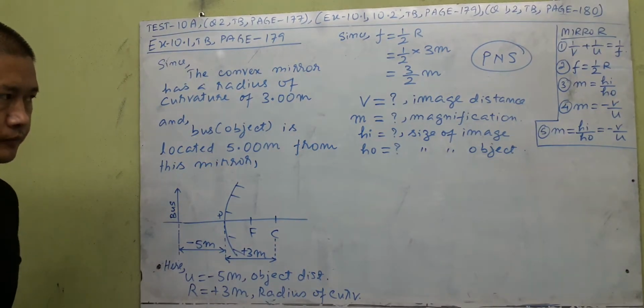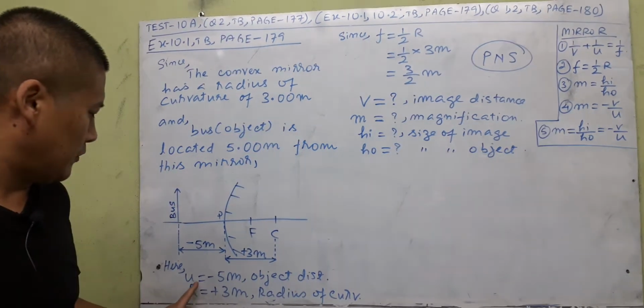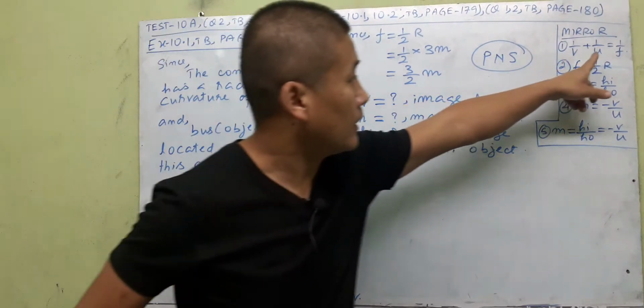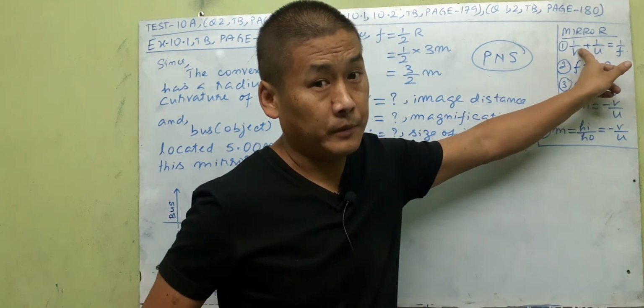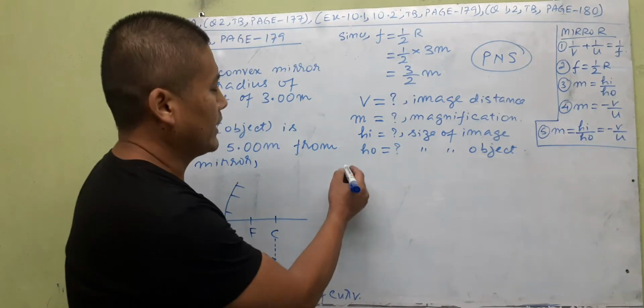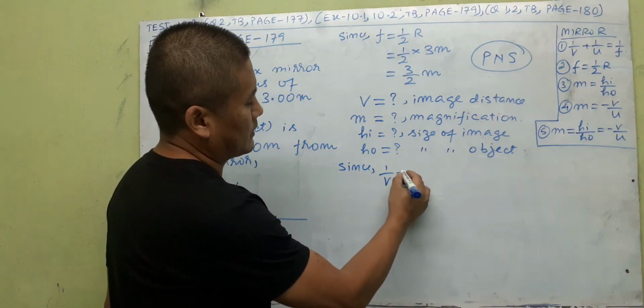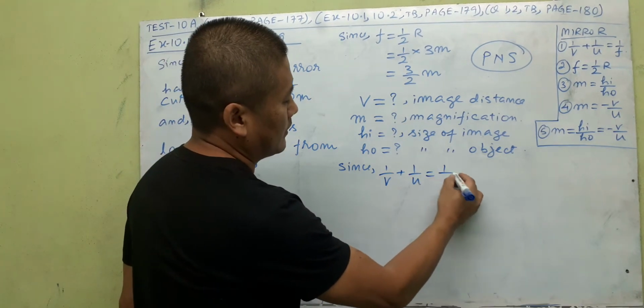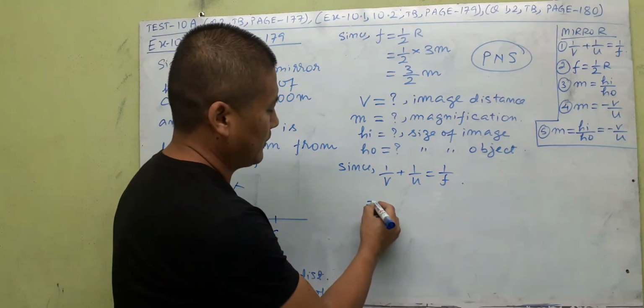Let us start now. Now look at this choice of formulas, all five, and you see that U is there and F is there. See, in this mirror formula, U and F are there, meaning immediately you can find V by using this formula. So you write here, since 1 by V plus 1 by U, we know, is the mirror formula, 1 by F. So the main mirror formula is this one.